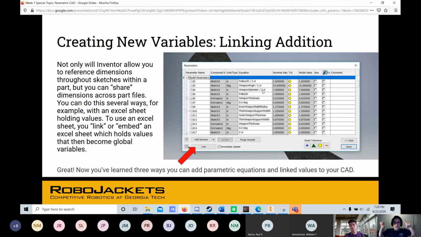Okay, don't laugh. I know you're laughing. You can modify the dimensions of both just by going into that Excel spreadsheet or these parameter boxes after they're linked to change both of them at the same time. Boom, easy peasy. What this link does is make those global variables that are shared by everything. And that's pretty much it for the parametric section.